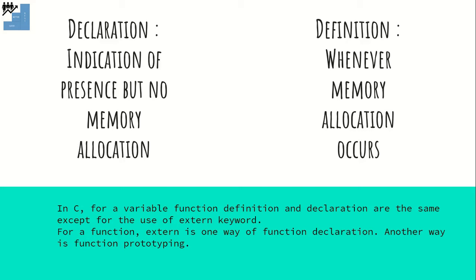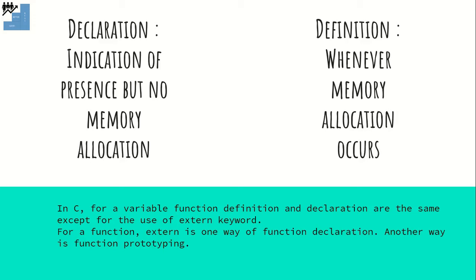In C, for a variable or function, definition and declaration are the same except for the use of the extern keyword. If we are using the extern keyword, then only there is a declaration, whereas in all other cases definition and declaration happen together.